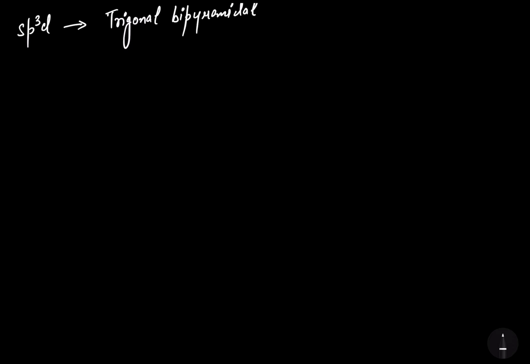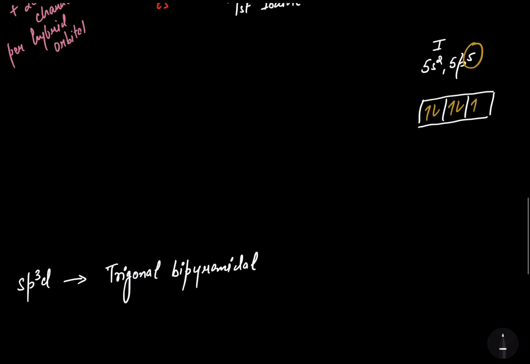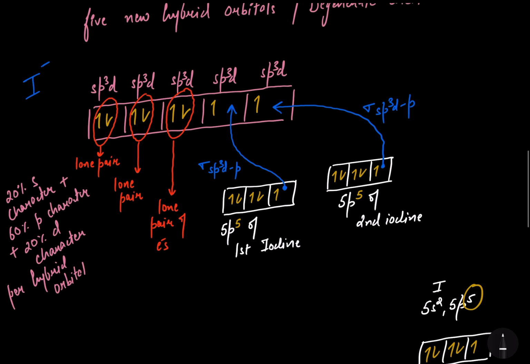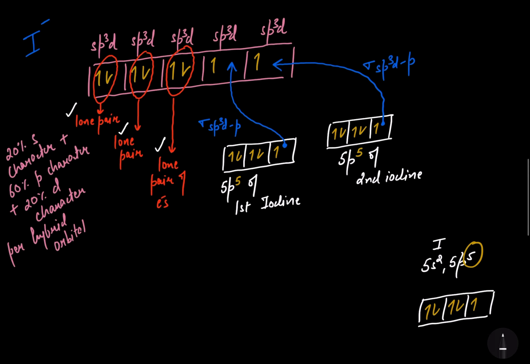So I am marking the middle iodine with a charge of -1. Now, how many lone pairs the iodide ion is having? That's 3 lone pairs. You can easily observe that the first lone pair, the second lone pair, and the third lone pair. We got a total of 3 lone pairs in iodide ion. Let's mark them. All the 3 lone pairs will occupy the equatorial position.